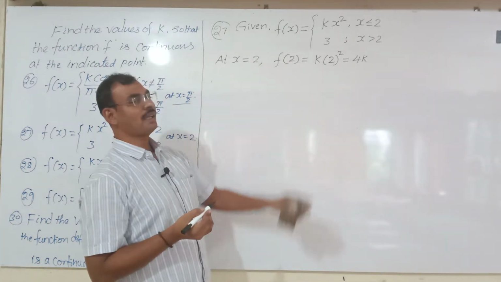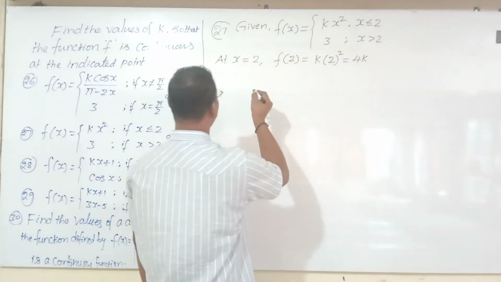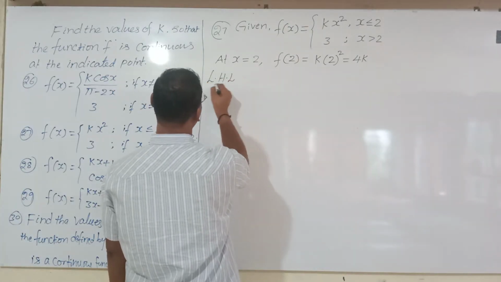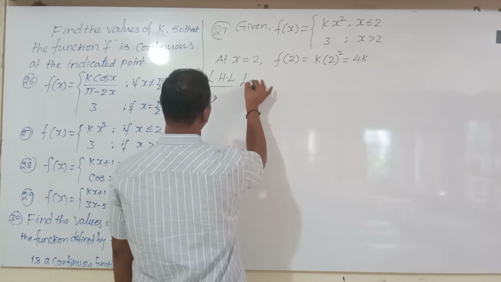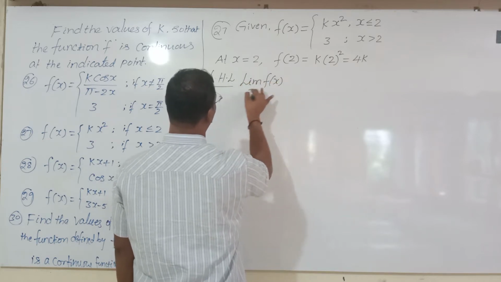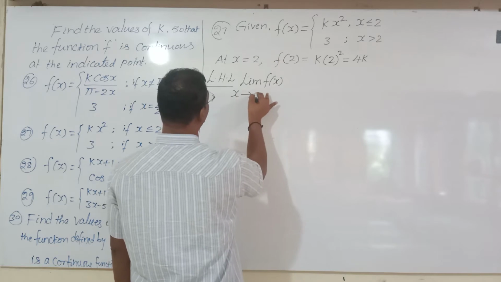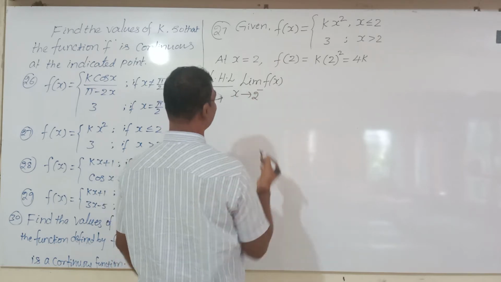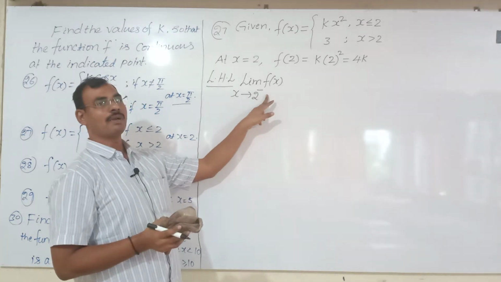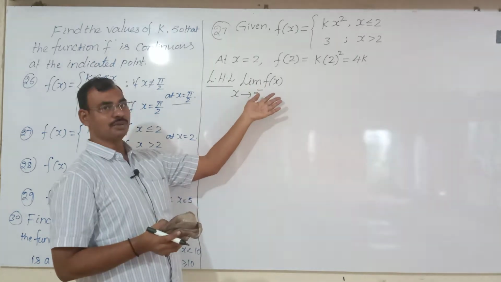Hereafter, at breaking conditions, we have to find the left hand limit and right hand limit. LHL means the limit of f of x as x approaches 2 negative. 2 negative means what? From the left hand side, that is smaller than 2.